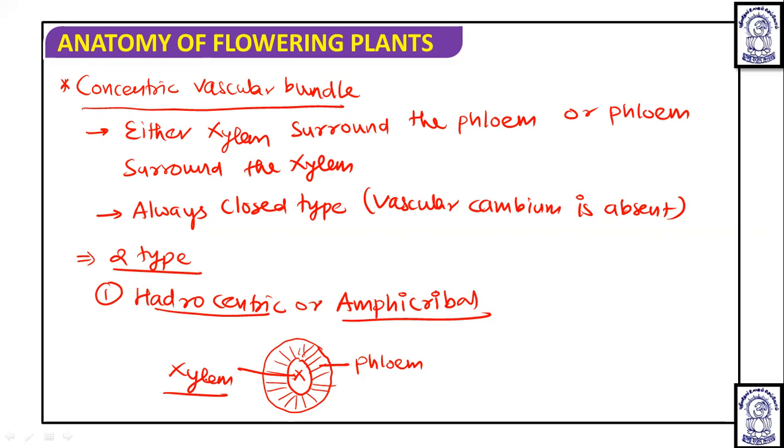So this heterocentric condition occurs in which the xylem is at the center. Examples of such vascular bundles are found in fern rhizome. Okay, so this is found in the first type.